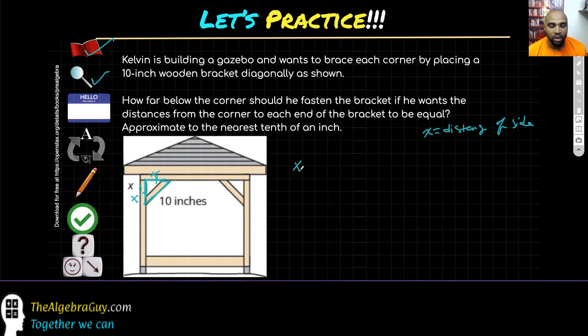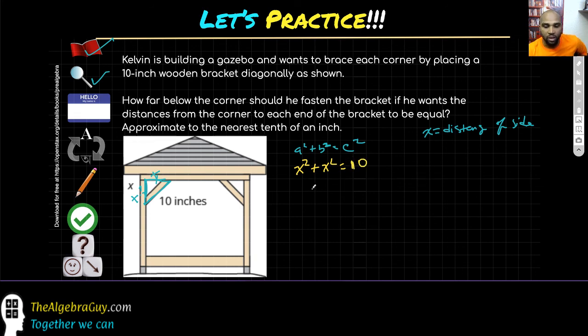So I know that x squared, let me slow down a little bit. We know that a squared plus b squared equals c squared. So I want to figure out one of the legs. And I know that both of them are the same, so I can just make them both x. x squared plus x squared is going to give me the hypotenuse squared, and they gave me that. That's going to be 10 squared.